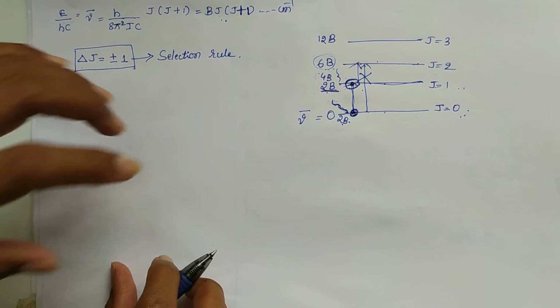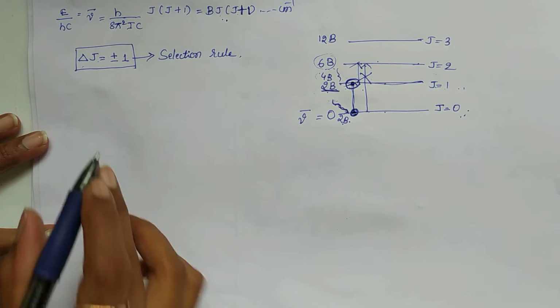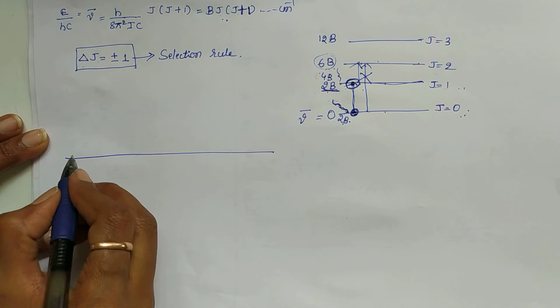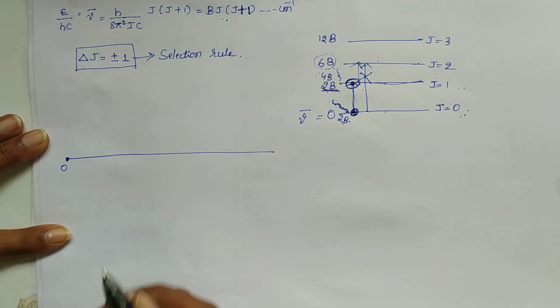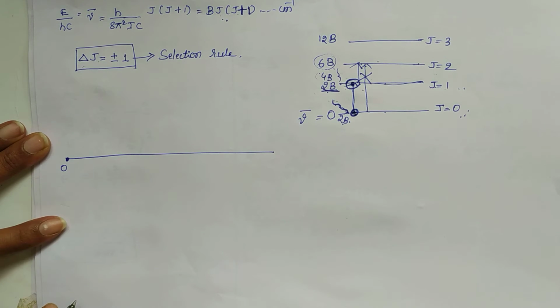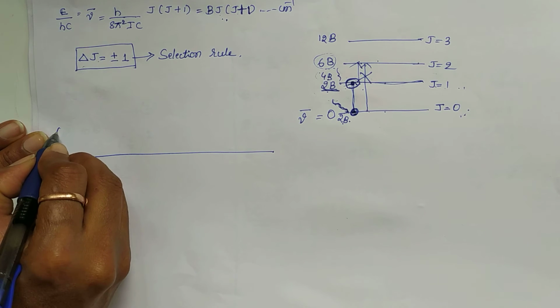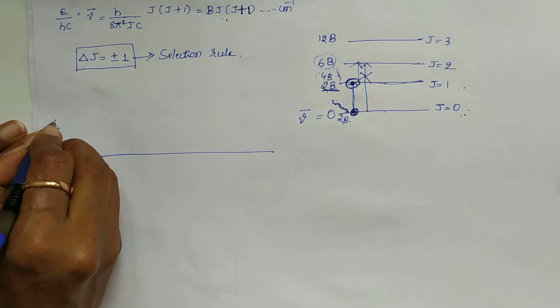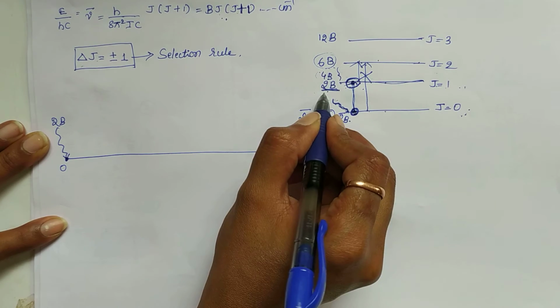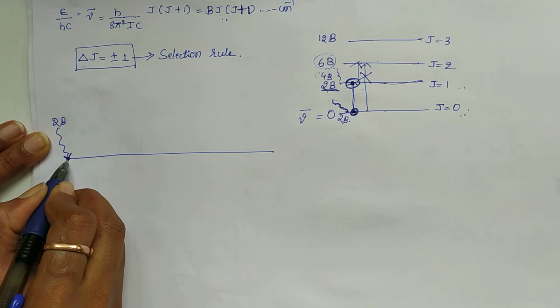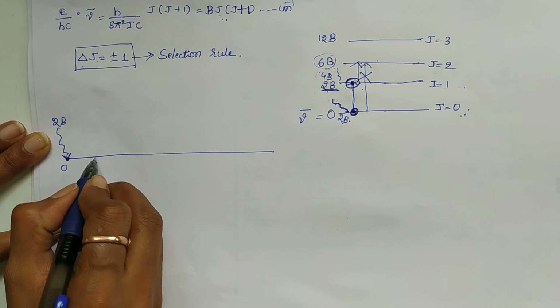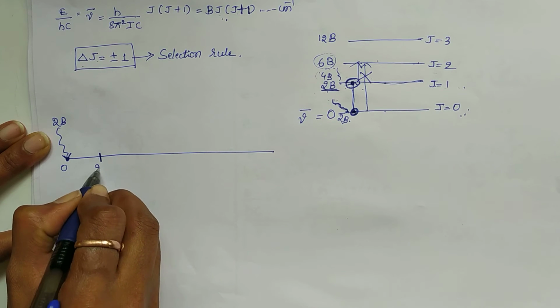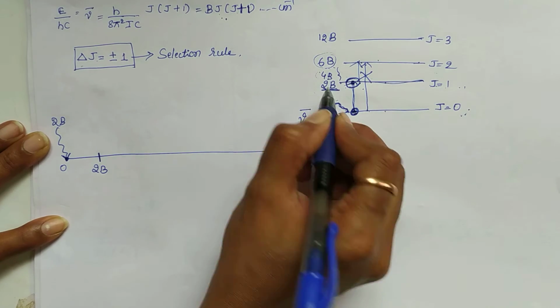For the sake of understanding this, I will make one more diagram. Let us consider the molecule is in the first energy state, that is, it has 0 energy. If you send an electromagnetic wave, that is a microwave, having the energy 2b, the molecule absorbs it and goes to the next energy level, whose energy I have told is 2b.